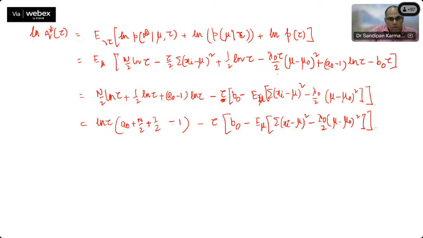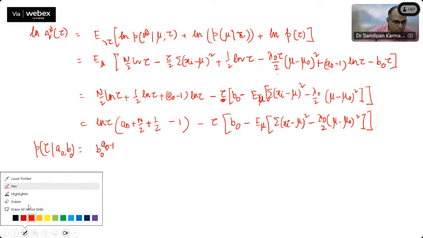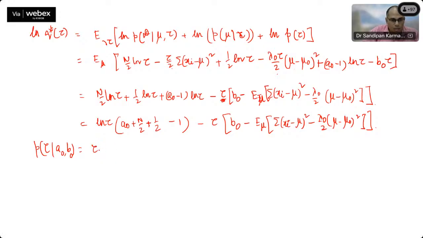Now this is actually coming in terms of a gamma distribution only. If you look at the gamma distribution, p of tau given a naught comma b naught is b naught to the power a naught, which is not required here, times tau to the power a naught minus 1 and exponential minus b naught tau.